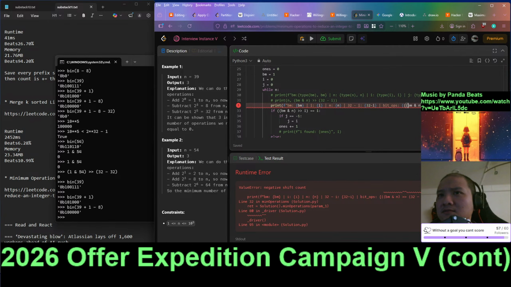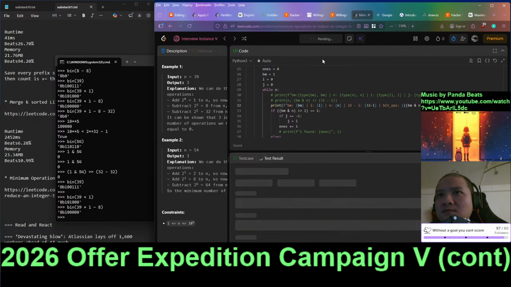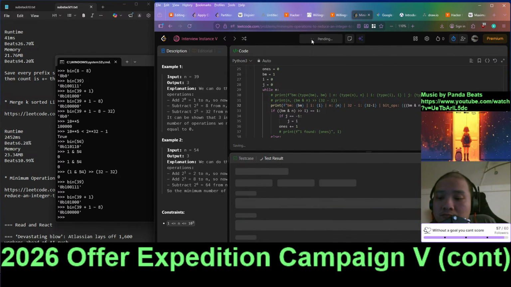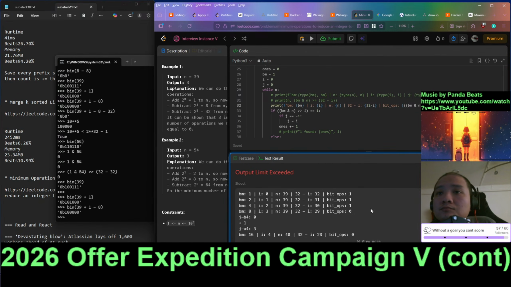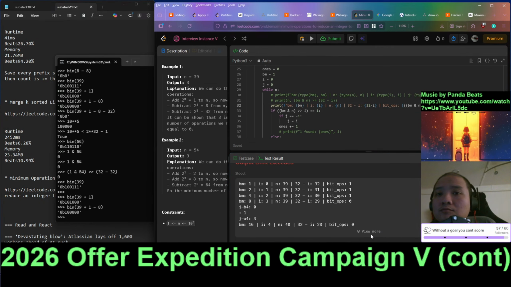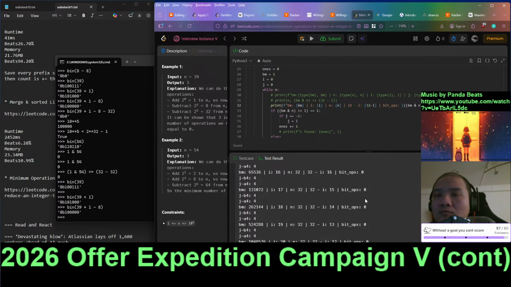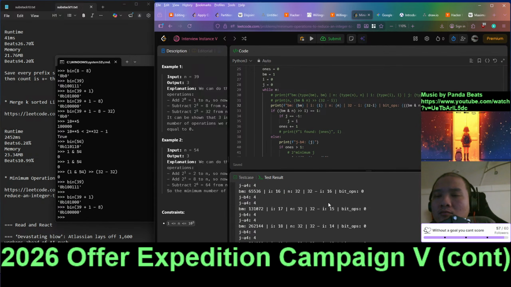Negative shift count. What? What is going on?